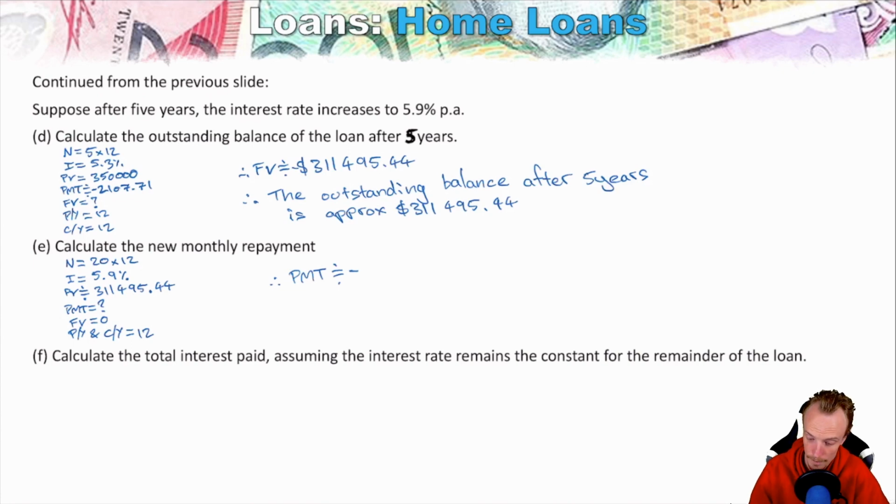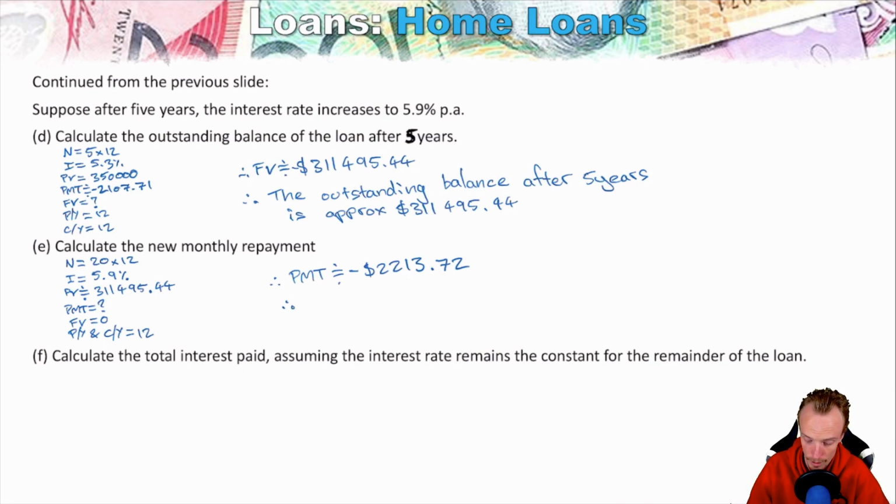So our PMT is approximately $2,213 and 72 cents. So negative value, generally say we interpret it again.